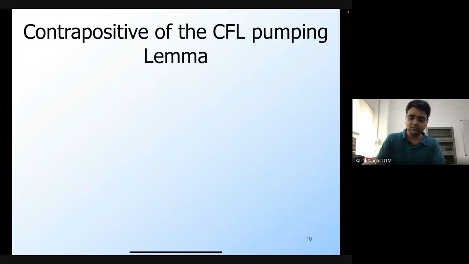Okay, so let's look at the contrapositive now of the CFL pumping lemma. This is what we will use to prove that some language is not a CFL.